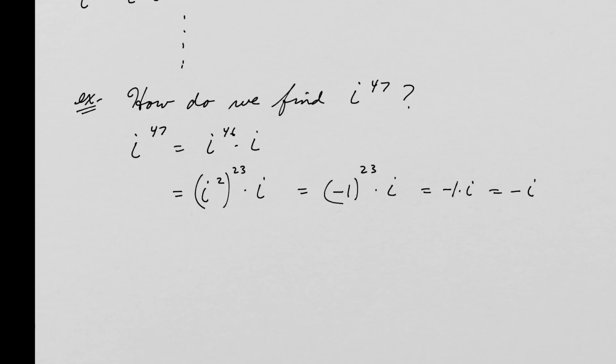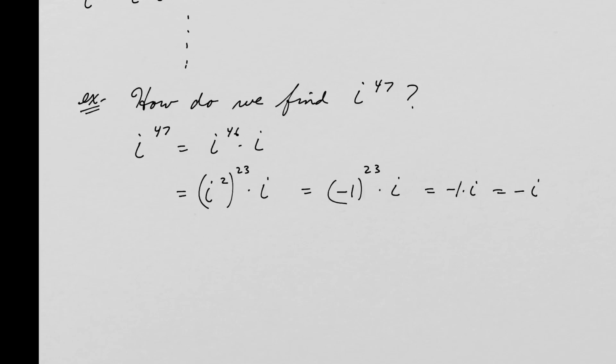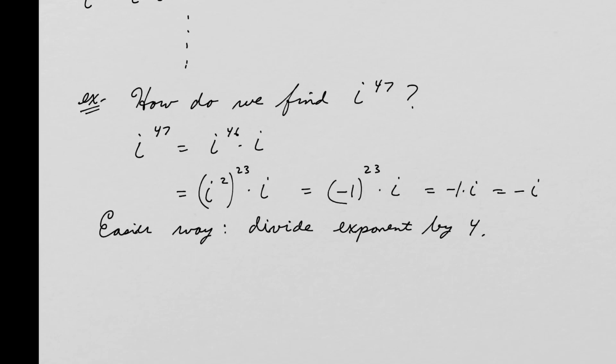Well, there's an easier way of doing this. I mean, this works fine. You can break it up by using the rules of powers, but there's an easier way of doing this. Here's the easier way. Just divide the exponent by 4. So in this case, I would have 47 divided by 4, right?